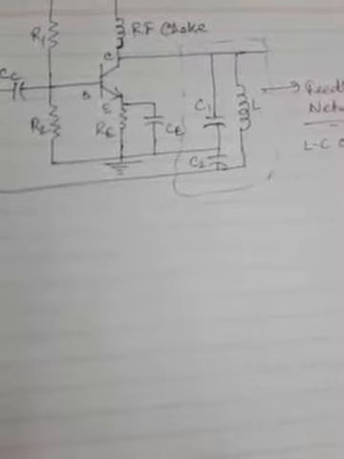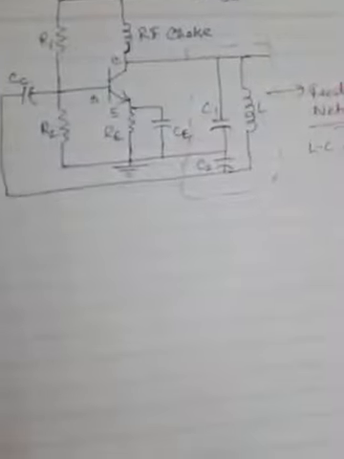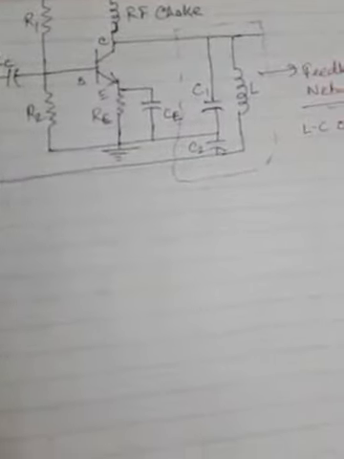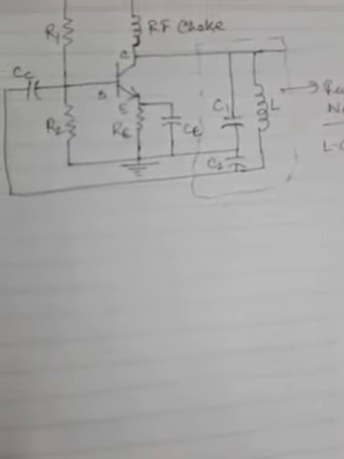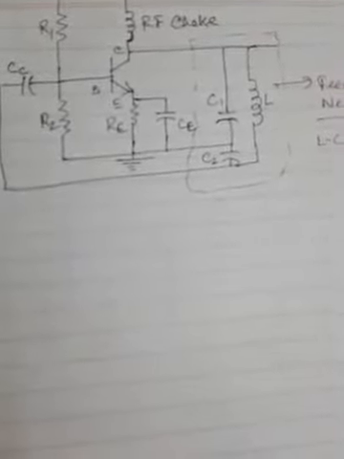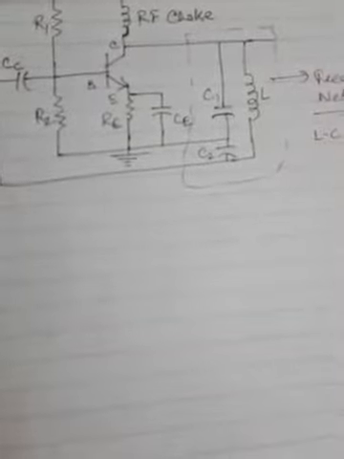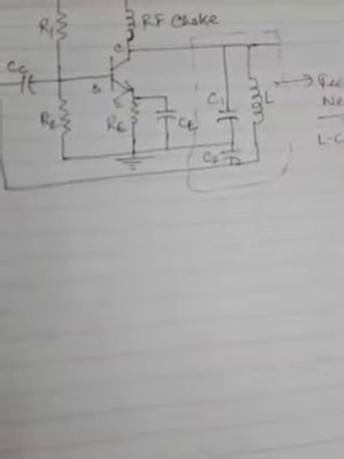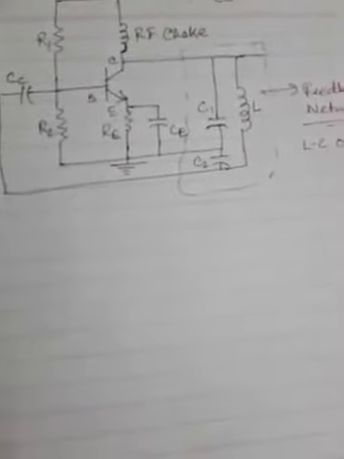The capacitor Cc used over here is basically the coupling capacitor, which is coupling the feedback taken from the output into the base of the transistor, and it is used to block any sort of DC current from flowing from the collector to the base via the feedback circuit shown over this area, which is comprised of the LC tank circuit.